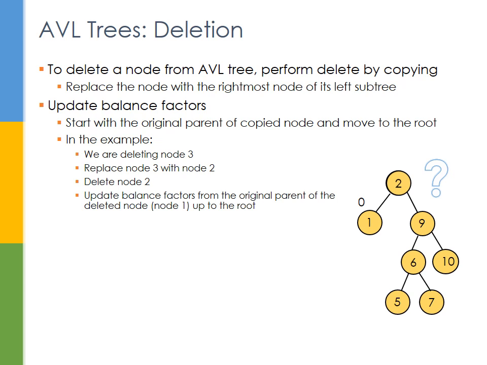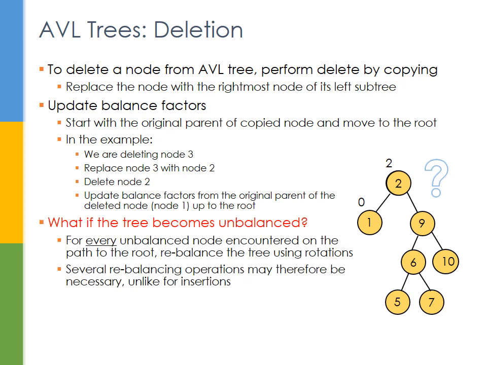We then move up towards the root, so we're now at node 2, and the balance factor here is then updated to 2. So we can determine the updates that are required by looking at the depth of the node that is removed during the delete by copying operation.